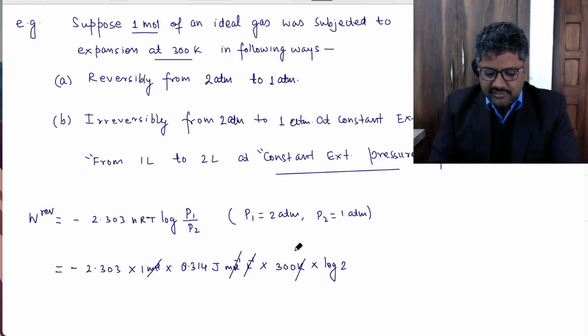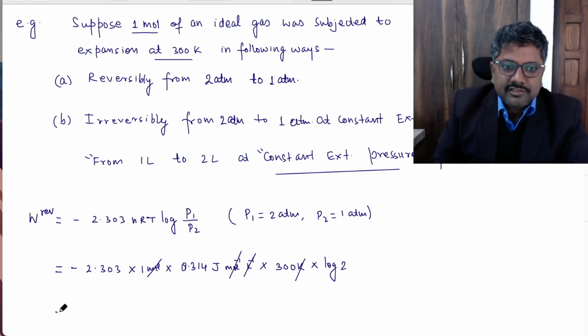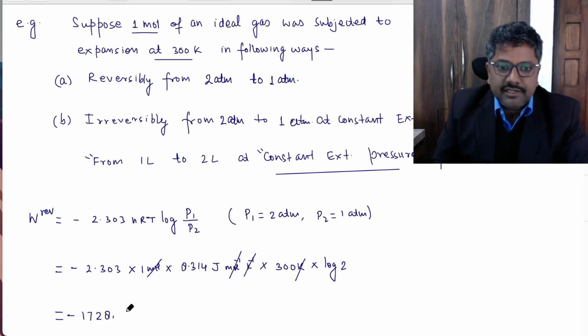So 2.303 multiplied by 8.314 multiplied by 300 multiplied by 0.3010. So this is 1728. So this is equal to minus 1728.98 joules.